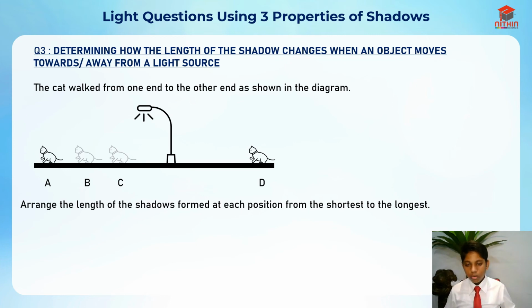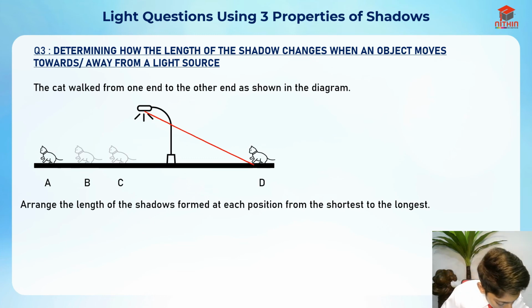Remember, when you want a shadow to be very big, you need to be as far as possible from the light source. In this case, for example, for D, if I use the trick on D, it will cast a very long shadow.